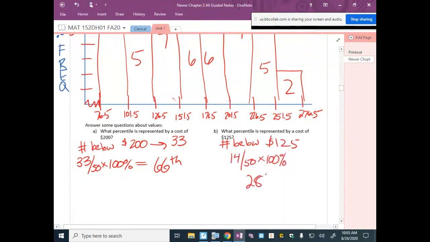So the 28th percentile. Now remember, percentile is the relationship. Basically, $125 is the 28th percentile. And since it is the 28th percentile, that means 28% of textbooks are below that mark.